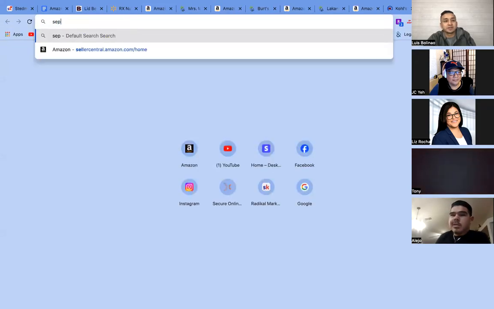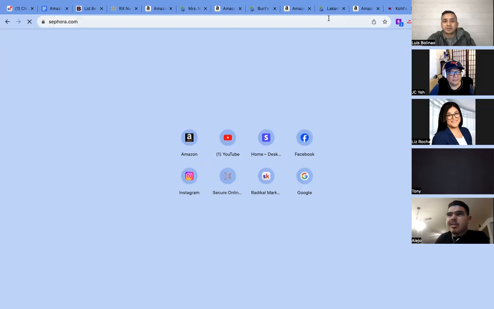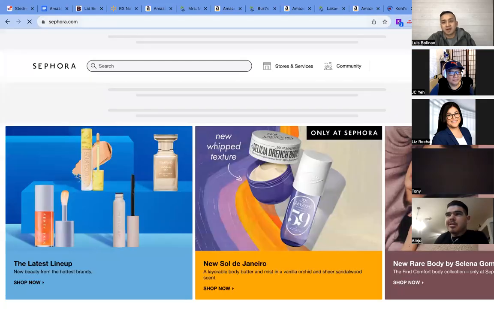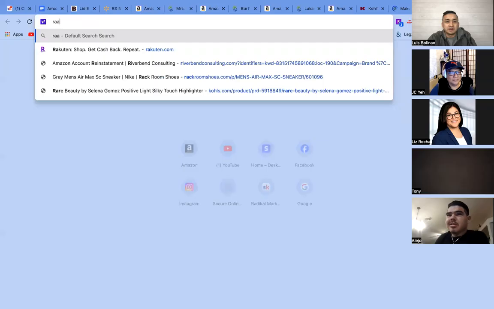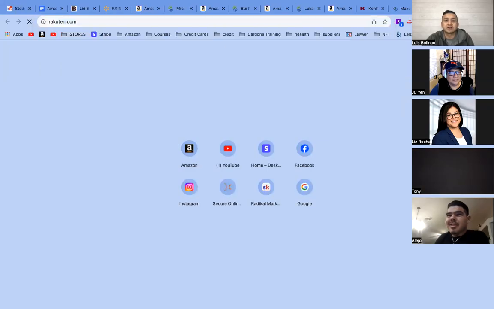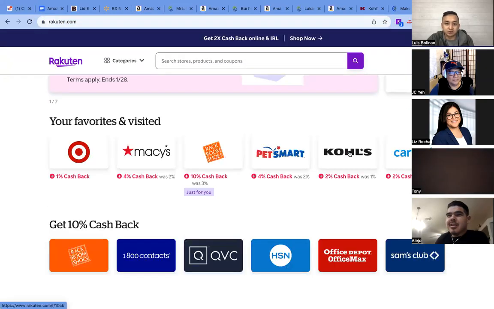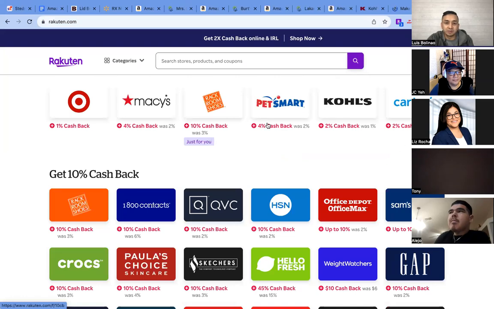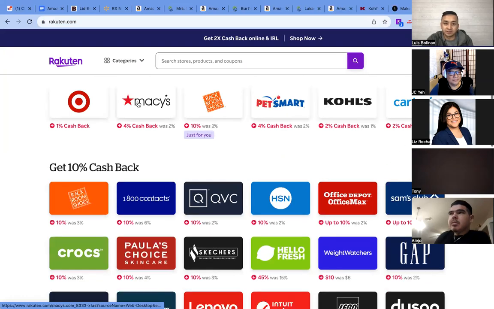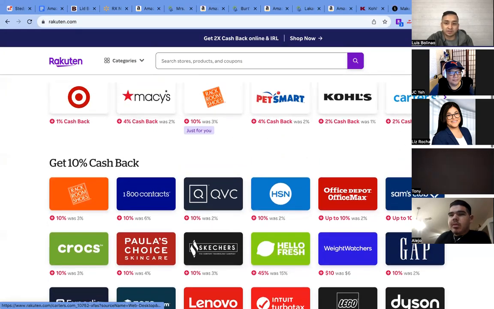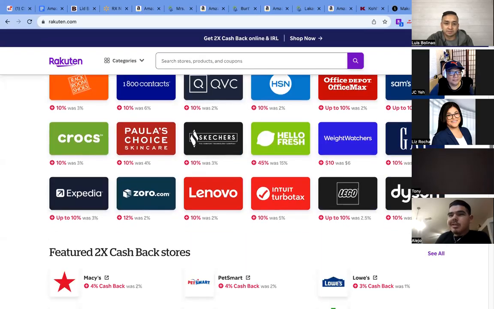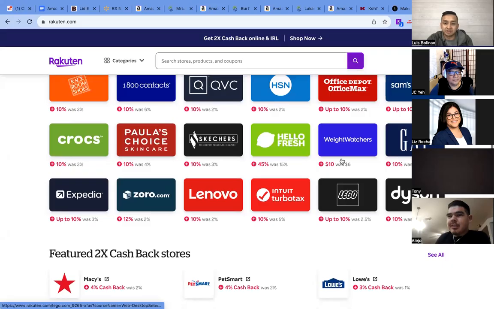Sephora's good. I can go deep with this. You can even go to Rakuten.com, and then you can source from all these websites if you want. PetSmart is good, Macy's is good, Carter's is good. Lego's a popular one.